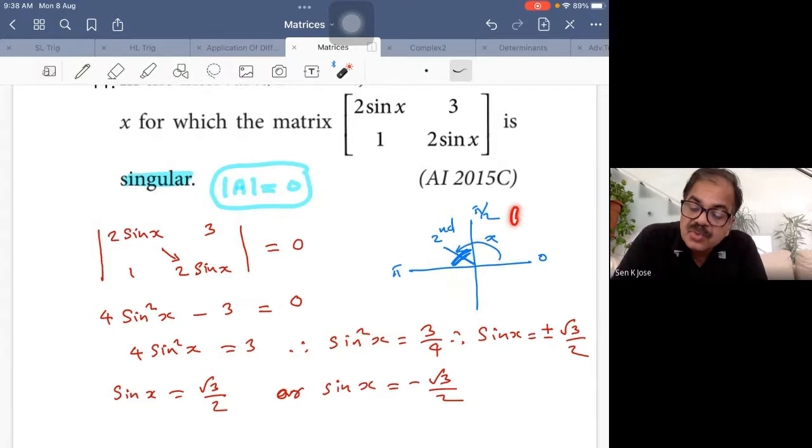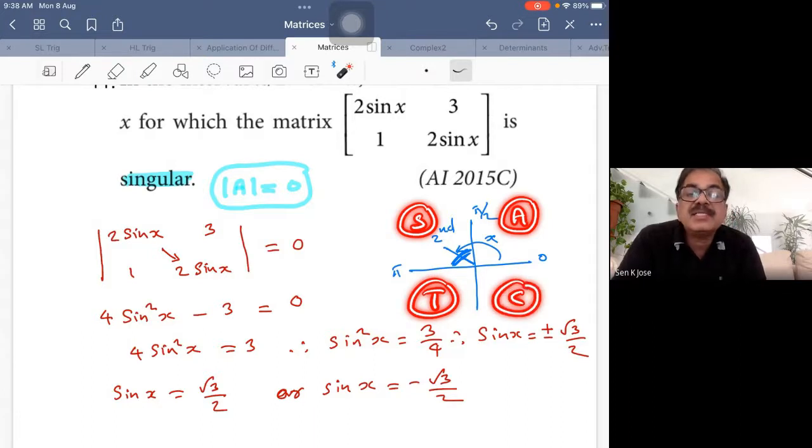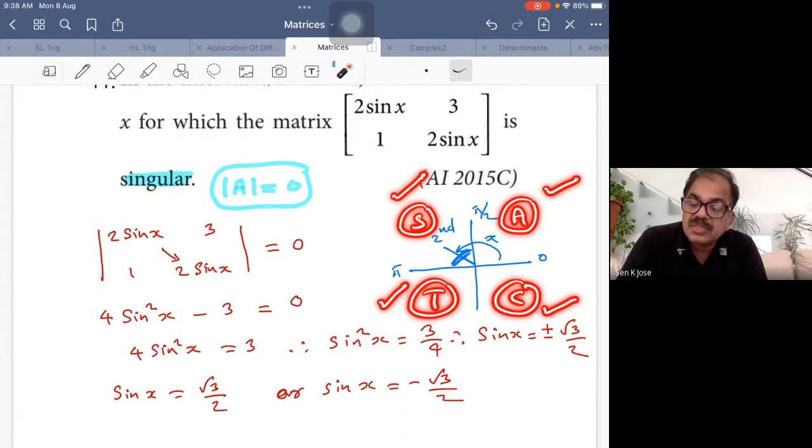And we had this rule, if you remember, all silver tea cups, ASTC, all silver tea cups after school to college, ASTC. All ratios are positive in the first quadrant, only sine is positive in the second quadrant, only tan is positive in the third quadrant, and only cos is positive in the fourth quadrant.